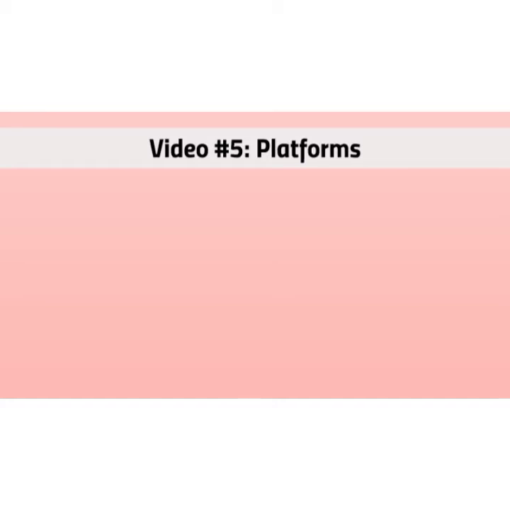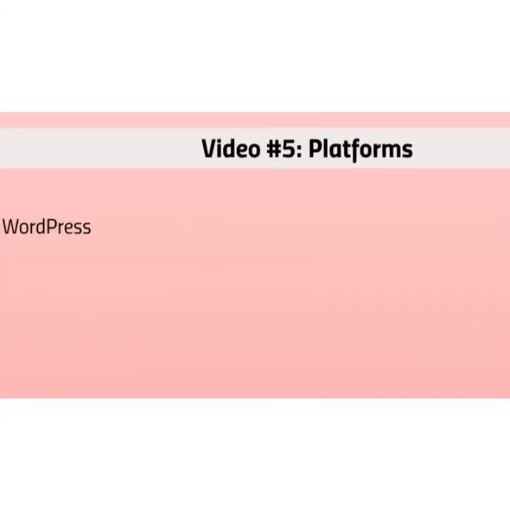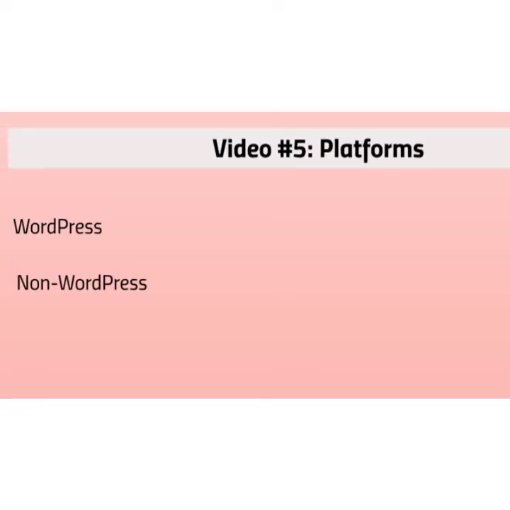Now, platforms is a crucial thing to think about. If you think about a lot of the membership scripts nowadays, they actually have WordPress plugins or even non-WordPress plugins. So you really have to think about what your main site is going to be using. I would say probably the majority of you are going to stick with WordPress, just because the majority of themes out there are basically made for WordPress.